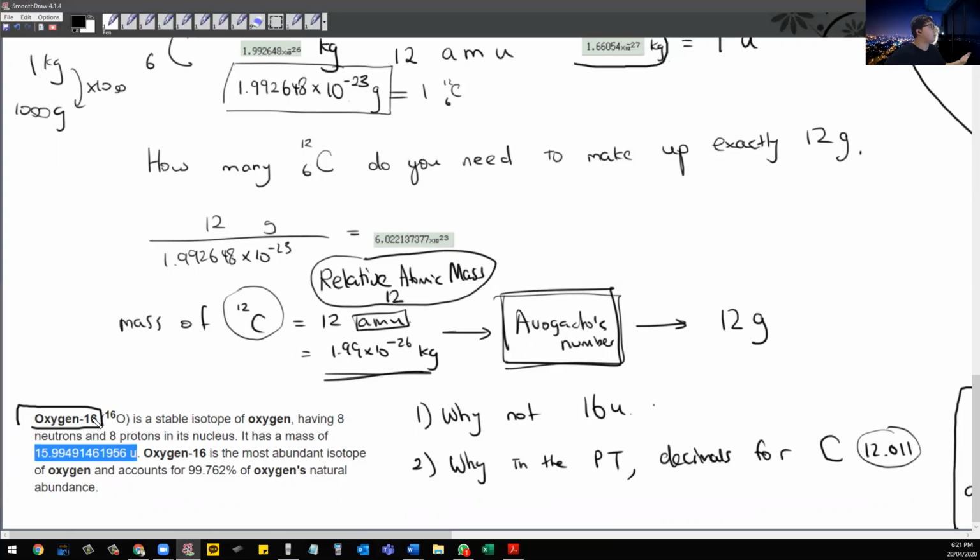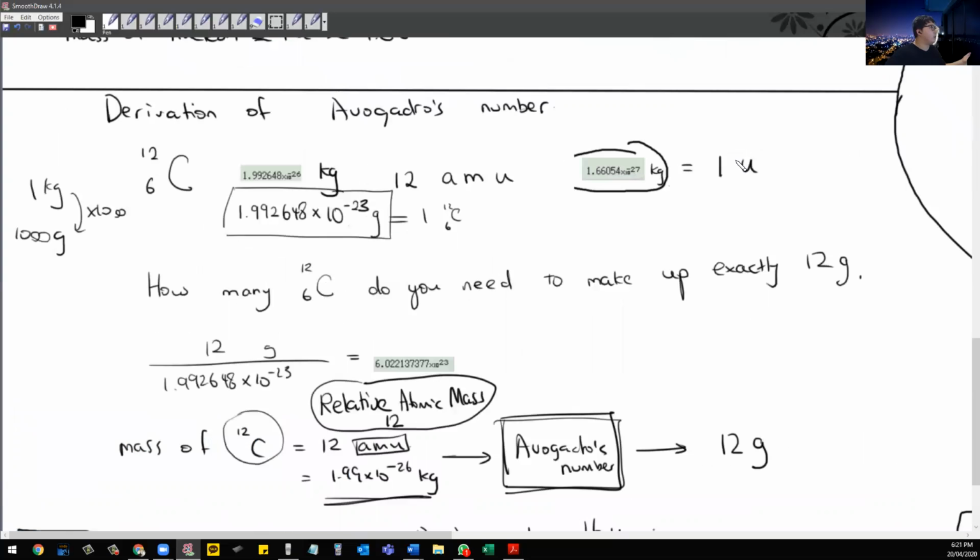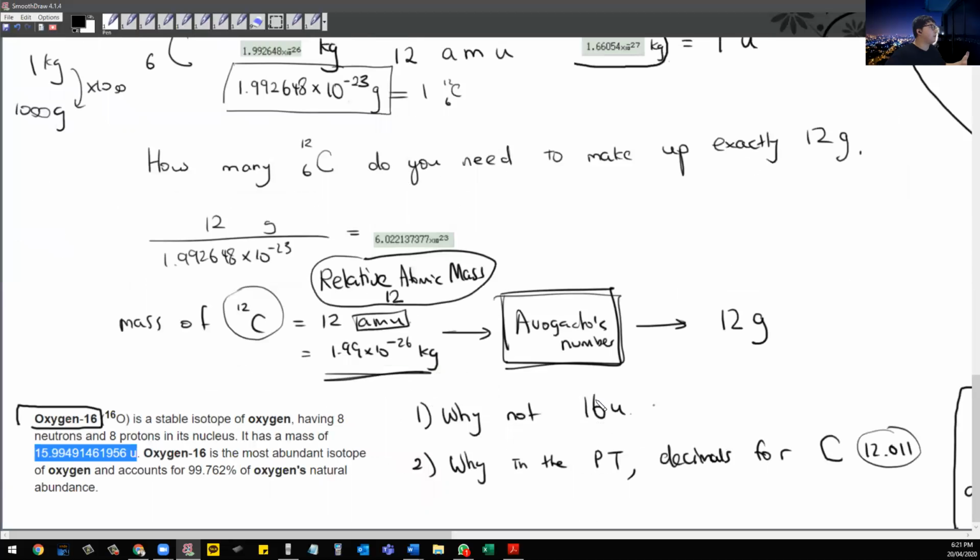That's why when you divide the mass in kilograms by the 1 u, you're not getting quite 16, but a little bit less than 16. It's a very difficult concept to understand.